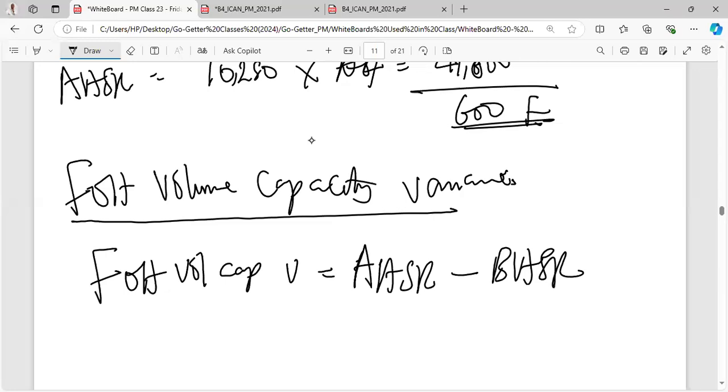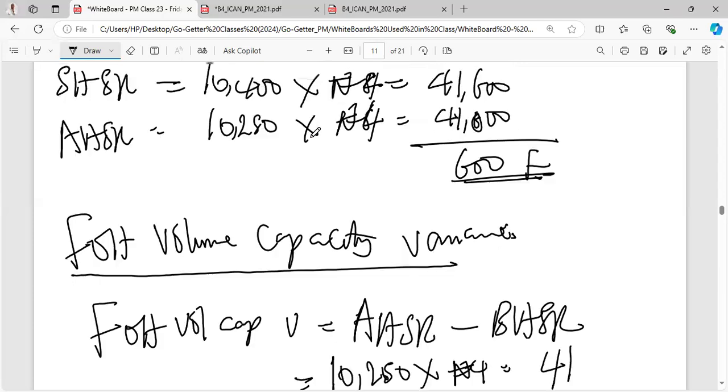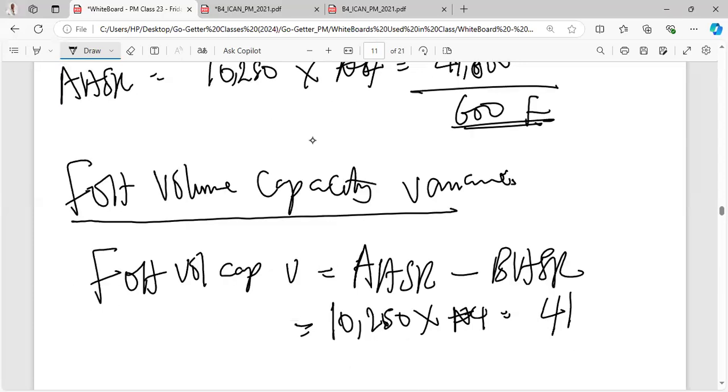Now, the actual hours here is 10,250. Standard rate is 4 naira. We have it as 41,000 as before.